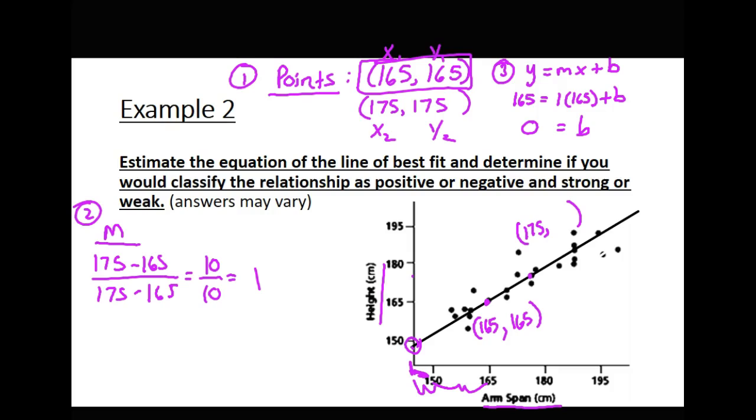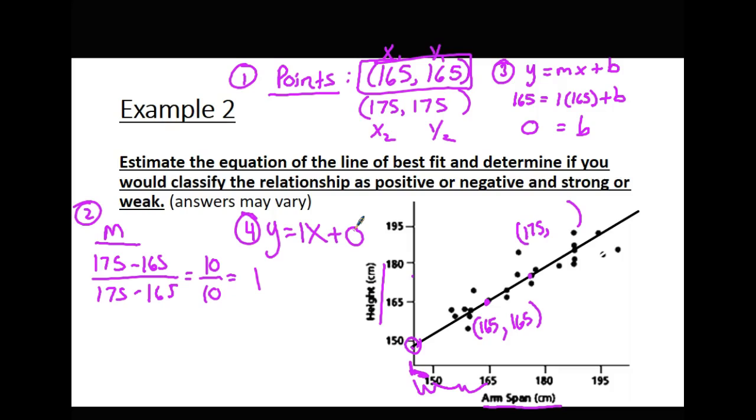So that was an interesting little side note, but let's stay with the basics here, right? Draw a line, pick some points, find your slope, find your b. And so now we have the equation, right? What would the equation be? y equals just x, right? What's the slope? 1, and the y-intercept is 0. So you could just say y equals x if you want to.